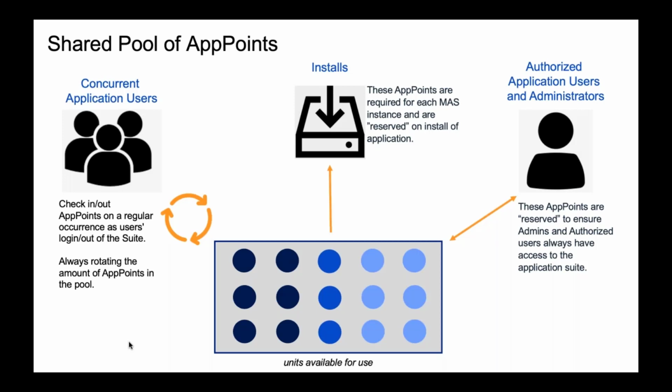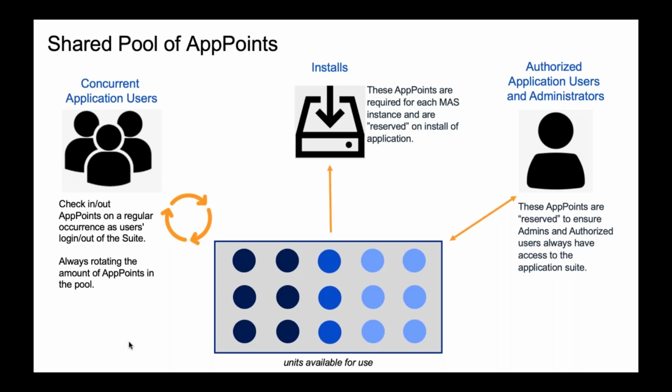So now you have 420 app points left over for your administrators or your authorized users that are in the system all day long, that need to be in the system when they have to be. These are reserved named users within your solution, and those 420 app points can be utilized for your named reserved users.